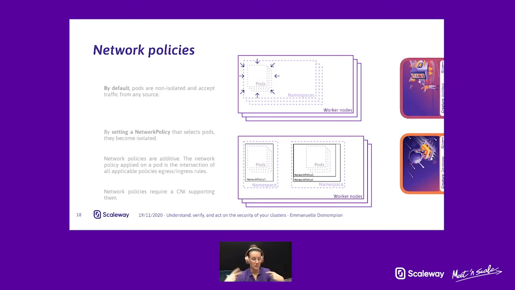They can be reached from outside our cluster, inside our cluster. So what you can do is define network policies. That's a way to isolate your pods, defining some rules that you can just add. And you can define that a set of pods will have some egress or ingress rules.